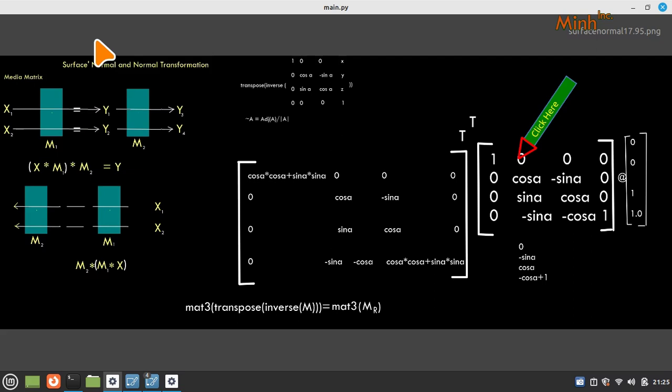Okay, so can we say like this? If there is a model view matrix, if there is a matrix M, inverse and then transpose, if I take out the matrix part, so its matrix part, matrix 3 means top 3 row and top 3 column, and its rotation part, top 3 row and top 3 column, they are same.